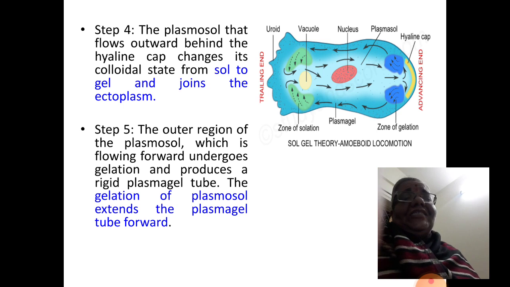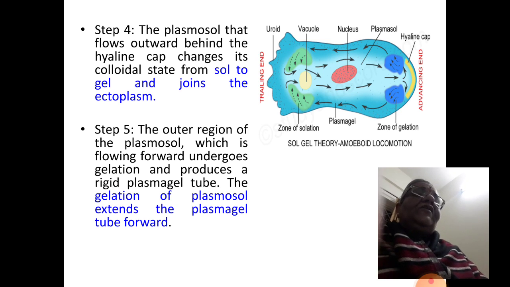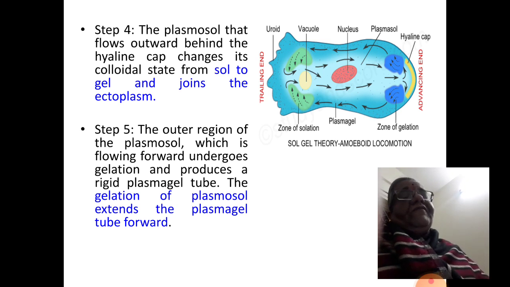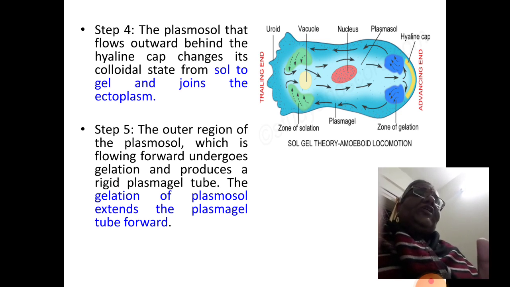That is the region where the plasma sol loses water, becomes gel and joins the ectoplasm, and that zone is called the zone of gelation. When this is happening, water is released, and because of the pressure, the pseudopodium further grows.